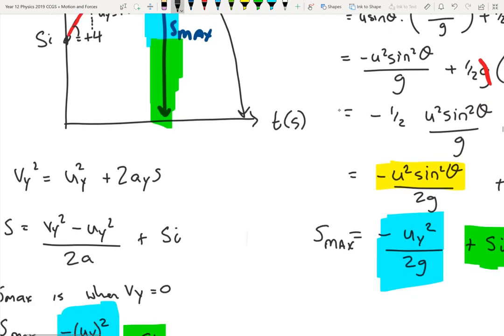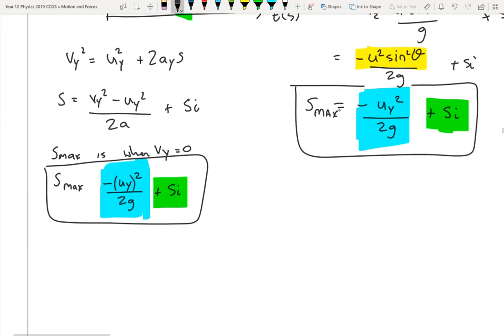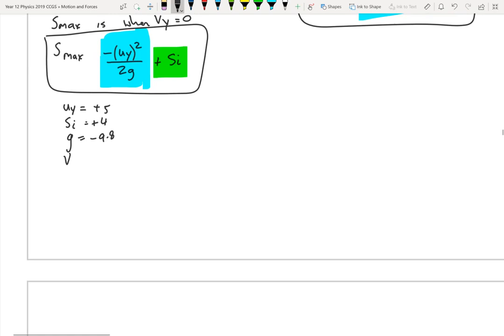So let's use that information in this equation which we've derived, okay? So we'd say uy equals plus 5. S initial is plus 4, gravity is negative 9.8, and we can set Vy equal to 0. Okay?